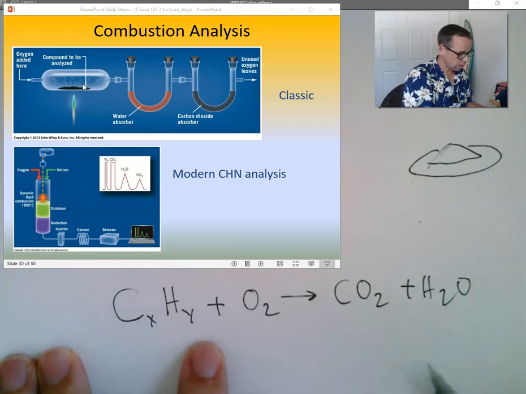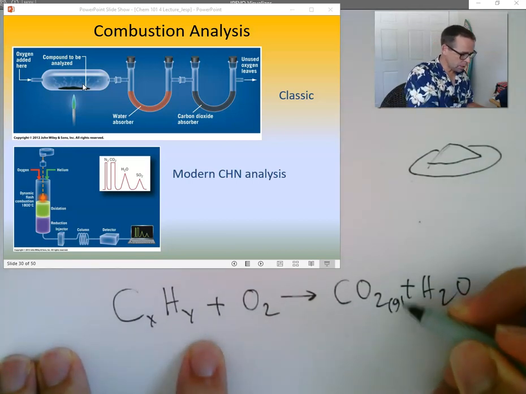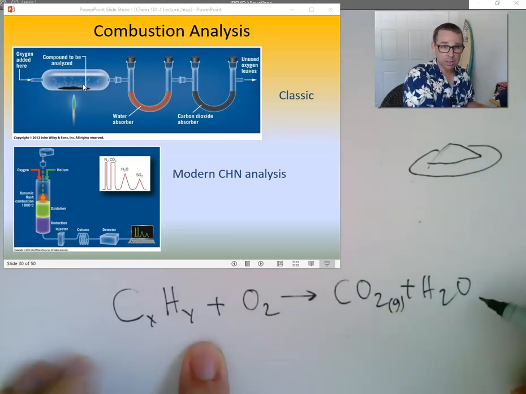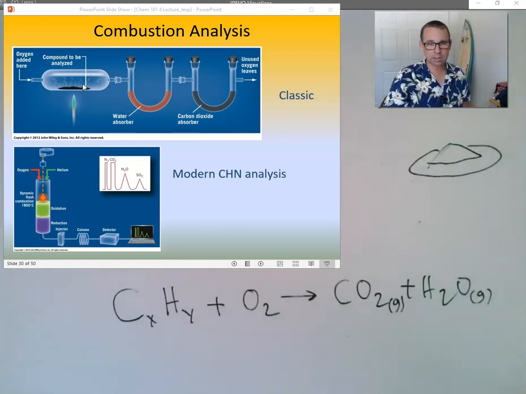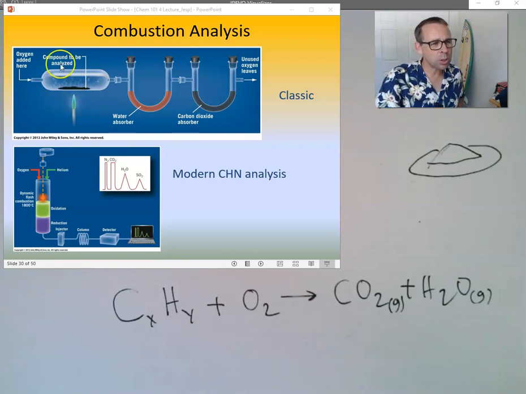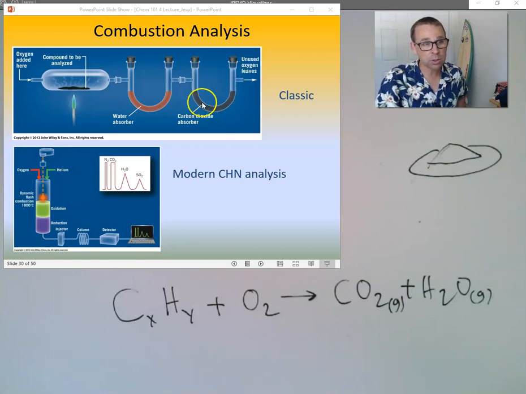Okay? Well, carbon dioxide is a gas. Water can be a liquid, but because of the heat that we're providing, it comes out as a gas as well. So the burning occurs, and then the products, the carbon dioxide and the water, are flowed through what we call U-tubes. Did you know chemists invented U-tubes? See, there they are. They had U-tubes a long time ago.